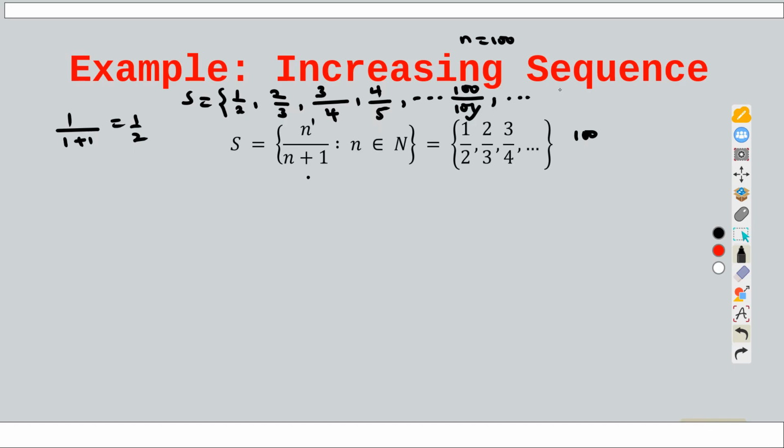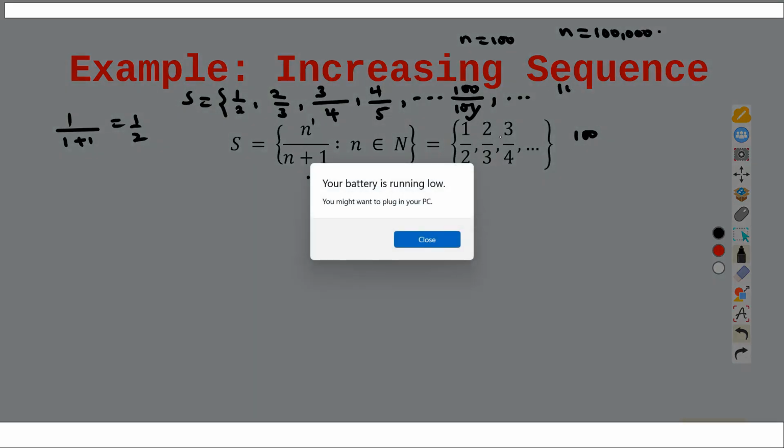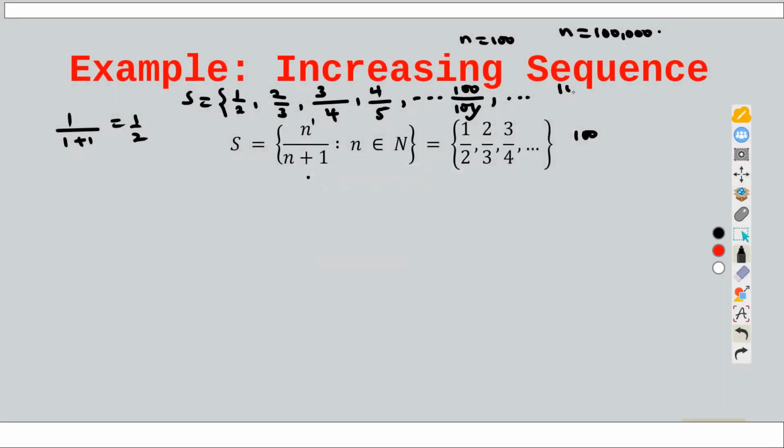If it goes up to n equaling maybe 100,000, let's assume that, we shall have 100,000 divided by 100,000 plus 1, that is 100,001.